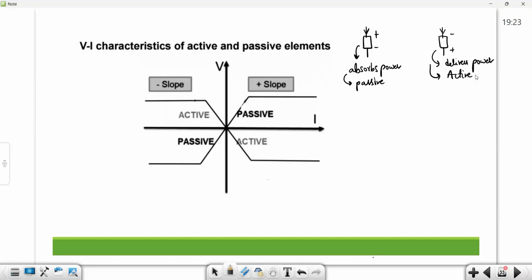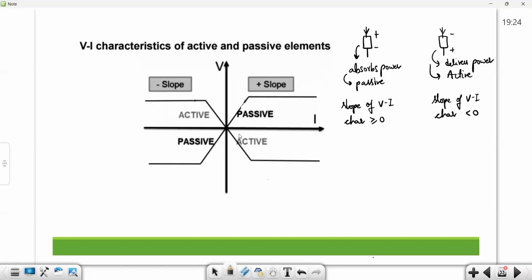From this we can clearly say the slope of VI characteristics should be greater than or equal to 0 for a passive element, and less than 0 for an active element.